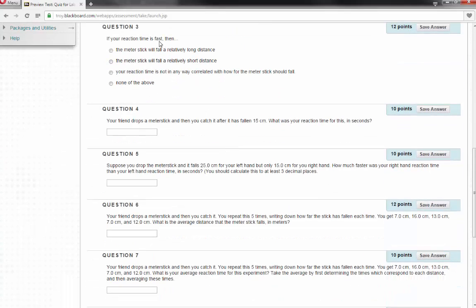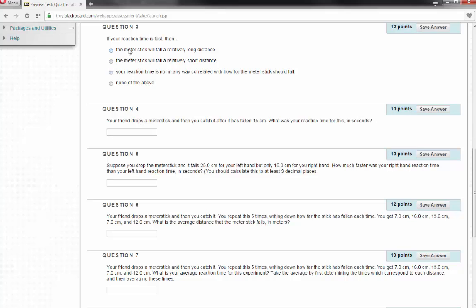Number 3, if your reaction time is fast, then which of the following? The stick will fall a long distance, the stick will fall a short distance. Your reaction time is not correlated with how far the stick falls. Well, or none of the above. Given that the way that we're calculating reaction time is we're measuring how far the stick falls and then going from there, I think we can eliminate a couple of these options here.